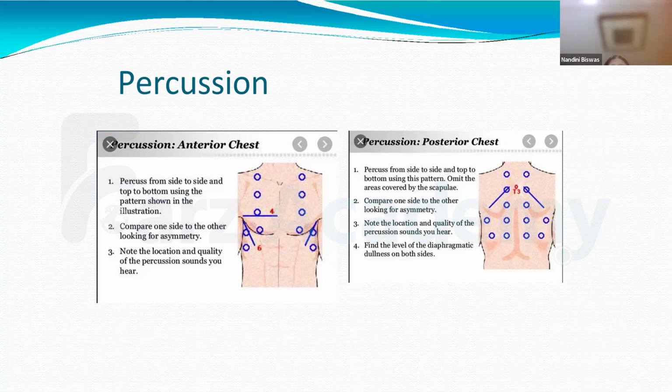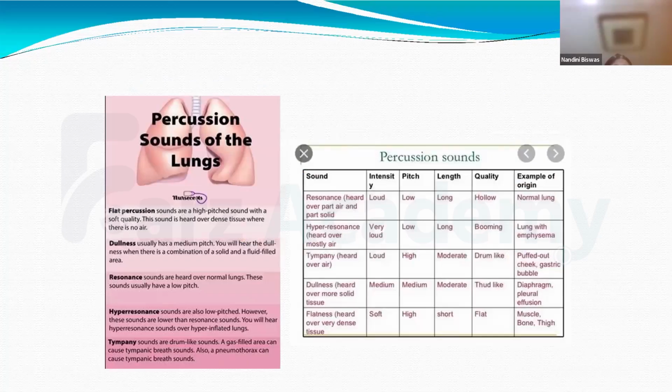Okay, so that's it. What we normally look for is normal resonance, that is the same on both sides. Then you get dullness on percussion, which is where you have a raised hemidiaphragm or a pleural effusion, or you can have hyperresonant percussion when you've got emphysematous changes in the lungs.